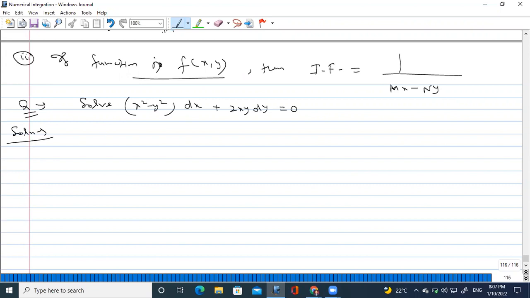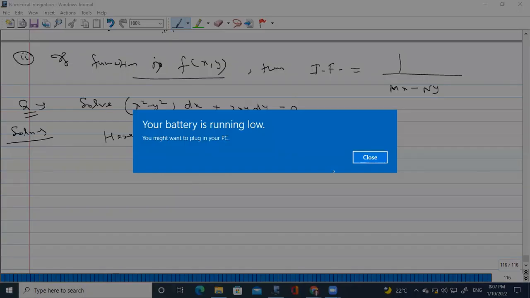Okay, so here compare with this M dx plus N dy equal to 0. So here M will be x square minus y square, N will be 2xy. Okay, 1 second.